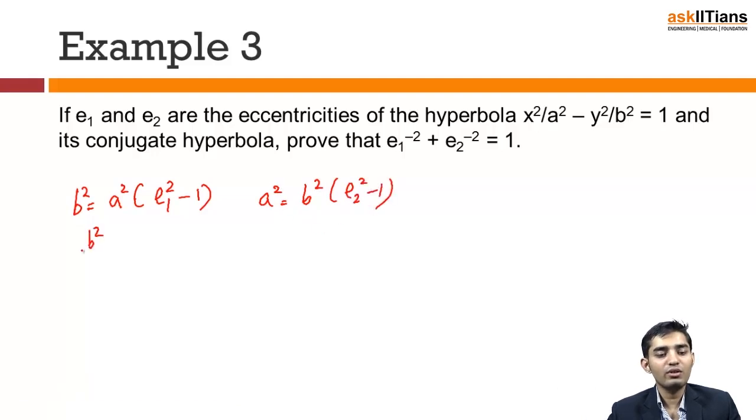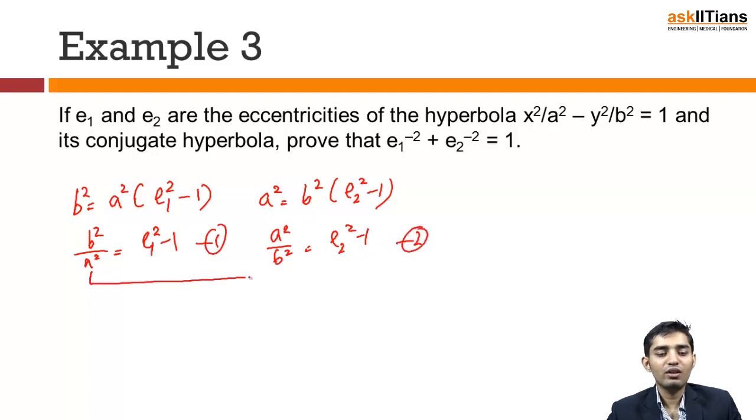Now from here, I have b²/a² = E1² - 1, and from here what is a²/b²? a²/b² is E2² - 1, right? Now this is equation number 1, this is equation number 2. Now if I multiply these two, I will get 1, because it will get cancelled.